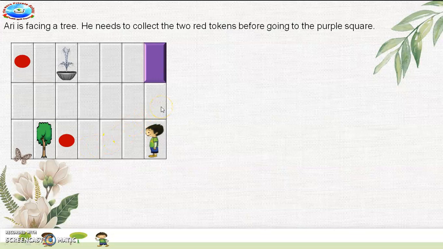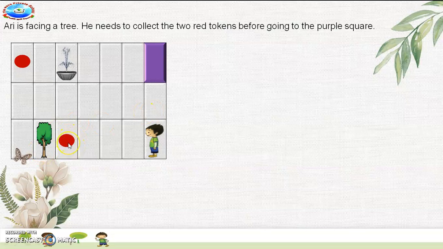We are going to write the directions that Ari can take. There are different paths. I will show you one possible path that Ari can take. You can use your finger to trace this path. Here, before going to the purple square, he needs to collect the 2 red tokens. So remember that. Let us start.